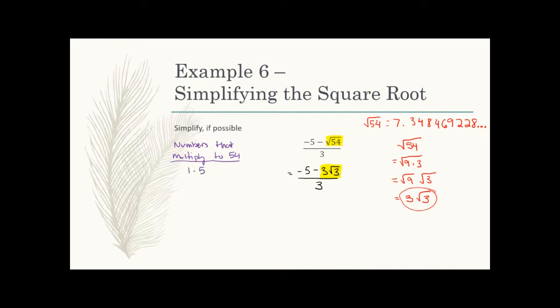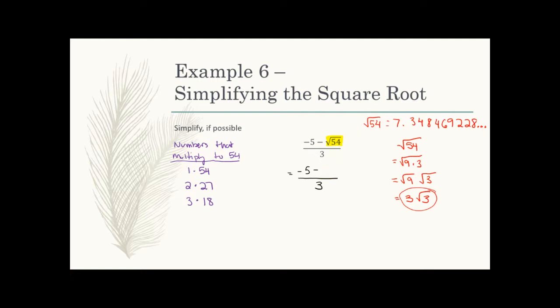So 1 times 54 gives me 54. Let's see, 54 divided by 2, 2 times 27 gives me 54. 3 times 54 divided by... Why did I write 9 times 3? And now I see why you're confused, because 3 times 18 gives me 54, not 9 times 3.